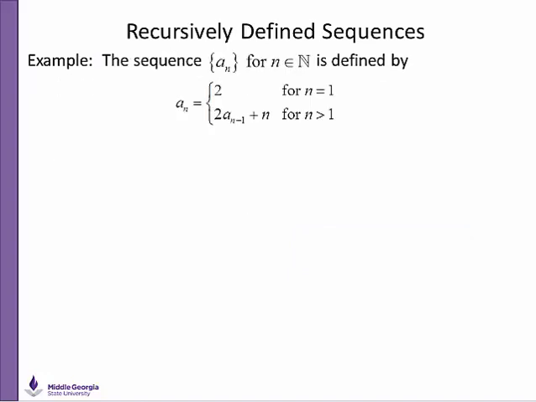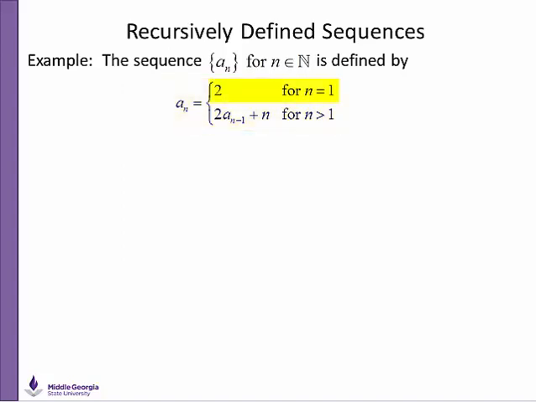Here is another recursively defined sequence. The sequence a sub n for n an element of the natural numbers is defined by a sub n equals 2 for n equals 1, and a sub n equals 2 times a sub n minus 1 plus n for n greater than 1.